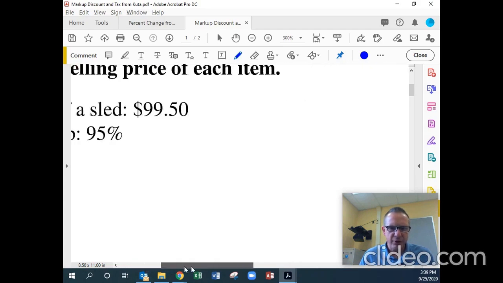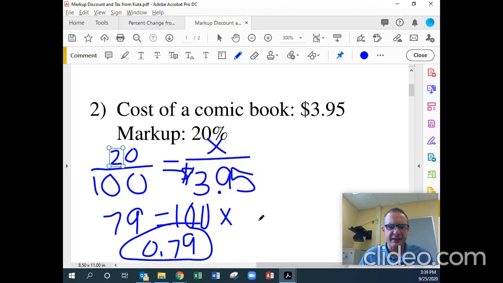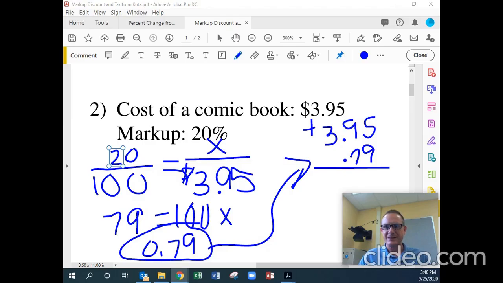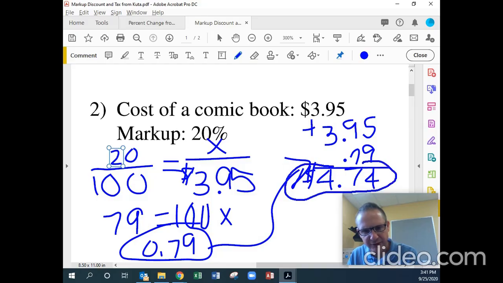Find the selling price. So the selling price is 79 cents more. So our answer is going to be the $3.95 plus the 79 cents. And that gives us $4.74. And that's our final answer.